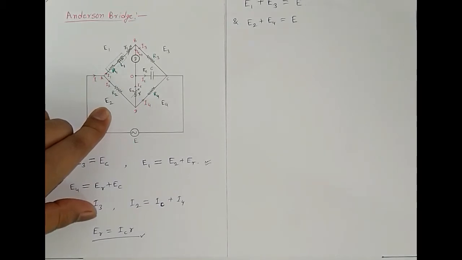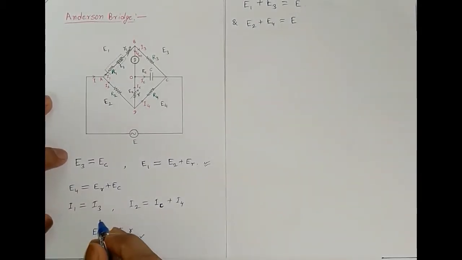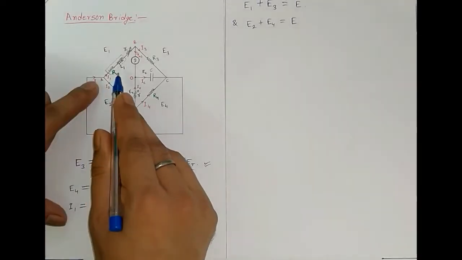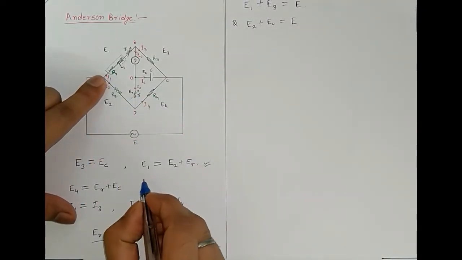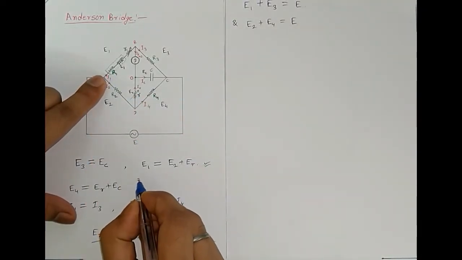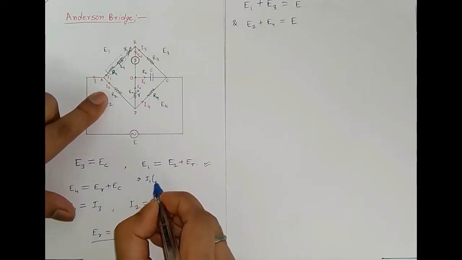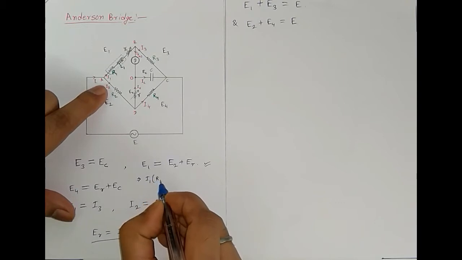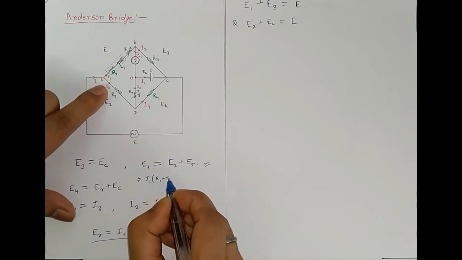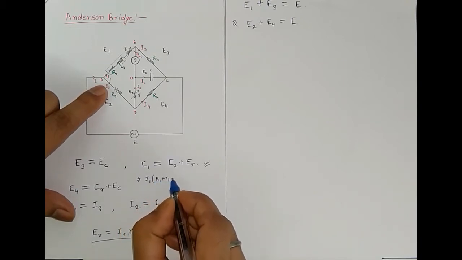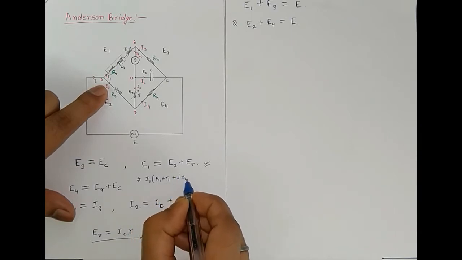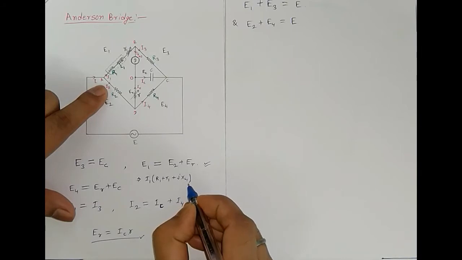Now, what is E1? Obviously E1 will be equal to I1 into (R1 plus small r1) plus jXL1.